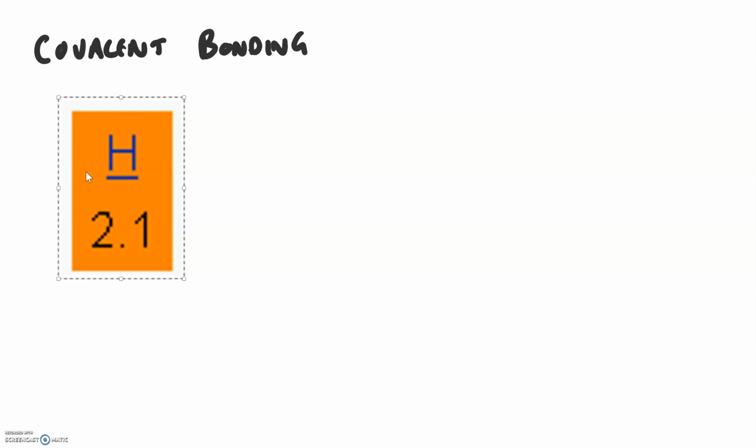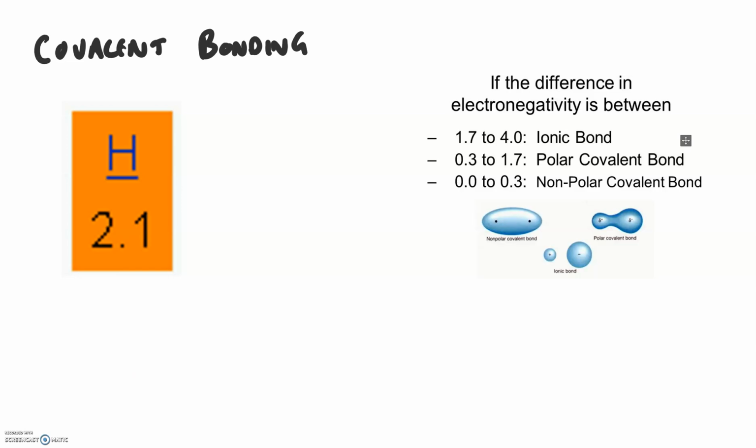So if we were going to calculate the electronegativity difference and compare it to this chart, what do we get? Plugging them into our equation, delta EN is equal to 2.1 minus 2.1, and of course that's a delta EN of 0, and that puts it down here.